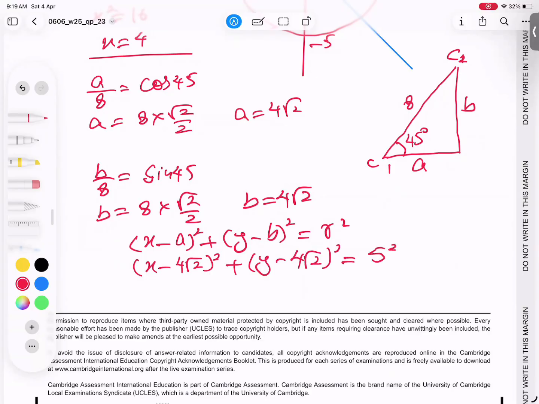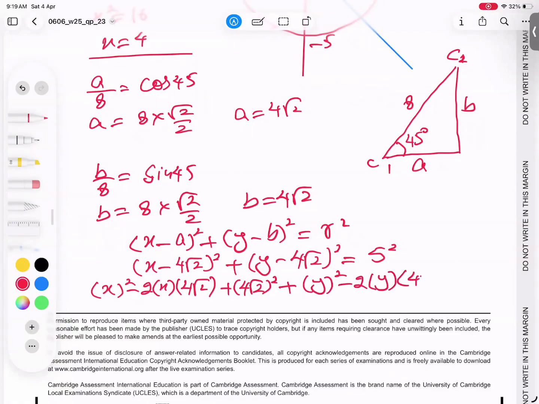Okay, now students, what I'm going to do now is expand the brackets and get the simple form. So first term, what is the rule here? First term square, minus 2 into first term into second term, plus second term square. And same for the second bracket: y square minus 2 into y into 4 root 2, and then I'm writing 4 root 2 whole square equals 25.